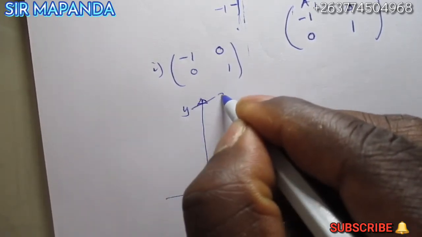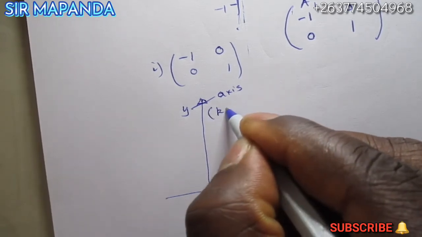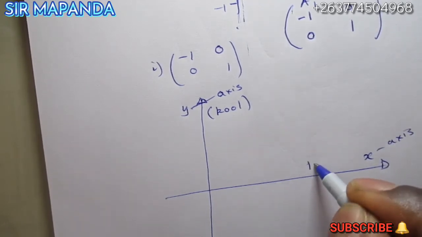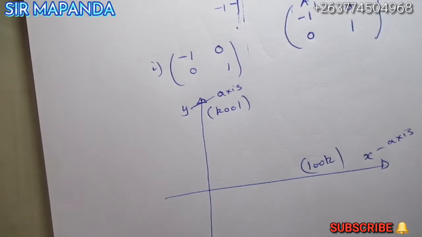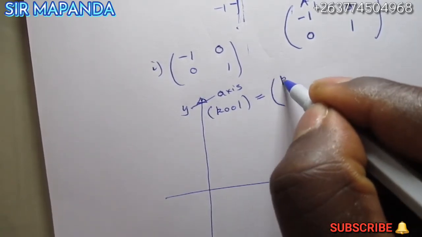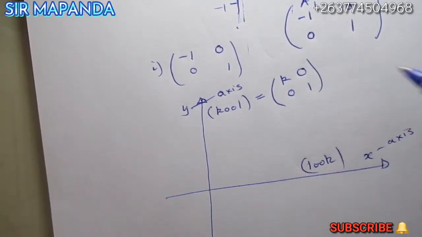If y-axis is the invariant line, I use the troubleshooter Q. If x-axis is the invariant line, I use the troubleshooter look. Right. So for Q, the first two letters we have K, 0. The last two letters we have 0, 1. Meaning to say K0 and 0, 1 becomes the matrix for stretch if y-axis is the invariant line.